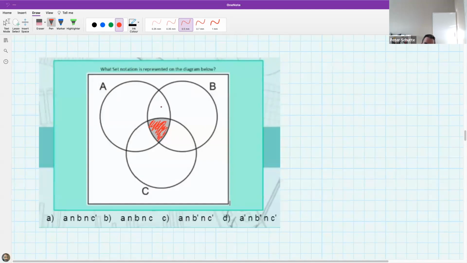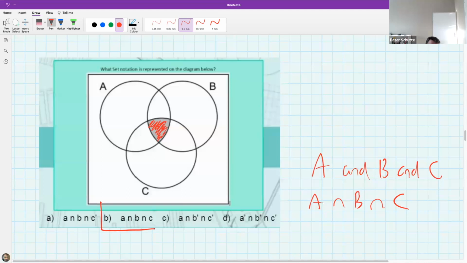Now, it looks to me like this red bit is in A, it's in B, and it's in C. Which of the 4 options do you think will match the thing over there? Well, if you want to be in A and B and in C, in the smile notation, it would look like that. And so the correct option would be there.